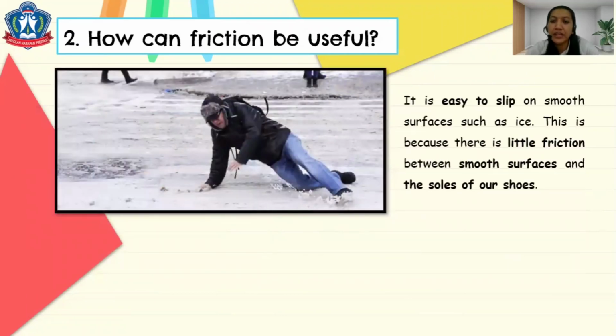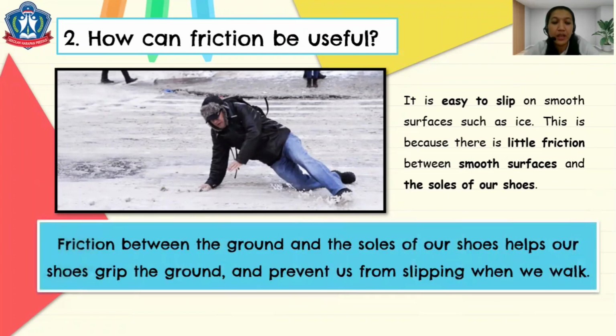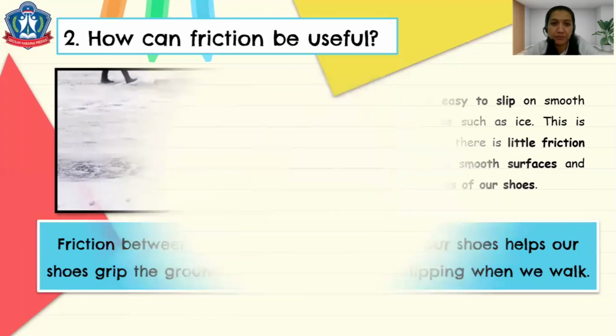Another way, it's easy to slip on smooth surfaces such as ice. This is because there's little friction between smooth surfaces and the soles of our shoes. Friction between the ground and the soles of our shoes helps our shoes grip the ground and prevents us from slipping when we walk.